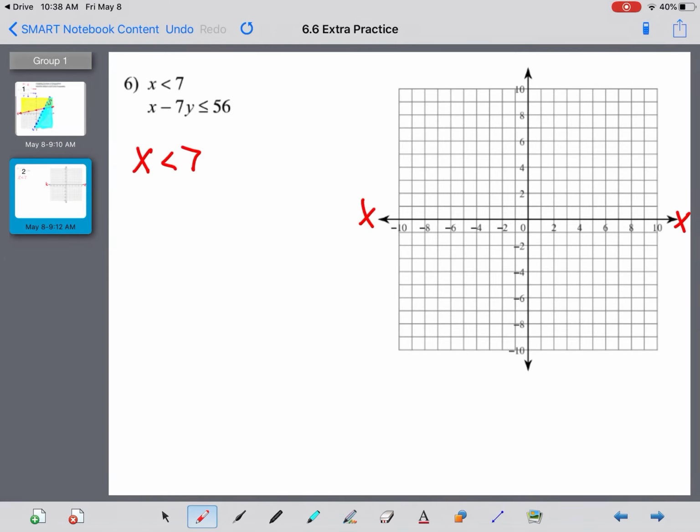So if x is less than 7, remember your x-axis is this line here. Well, 7 on that line is to the right. And like we said, that line is going to run vertical, up and down. So it's going to go straight up, straight down.